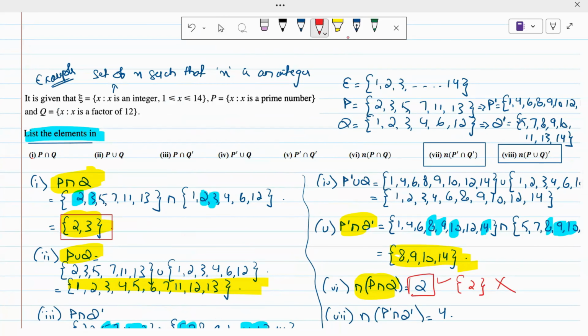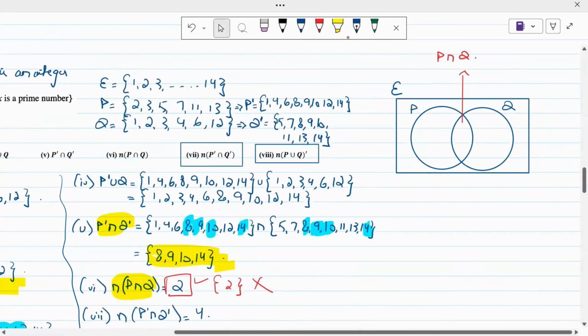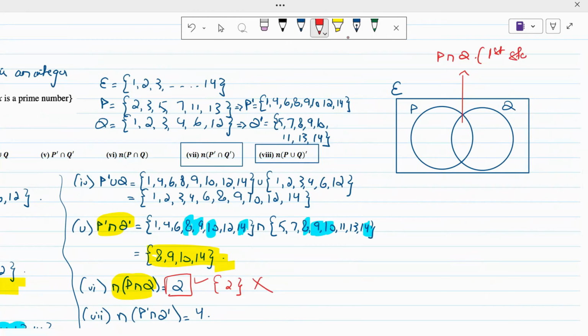Whenever Venn diagrams are to be made or filled, you always start from the intersection. This is the very first step. So 2 and 3 are the first things to be filled.